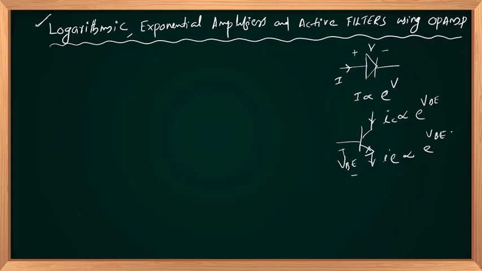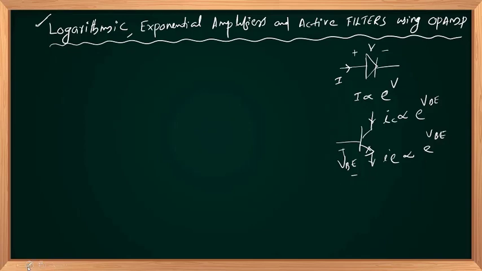So if you place these devices at the output or input side of an Opamp circuit, you will get either a log or exponential amplifier.